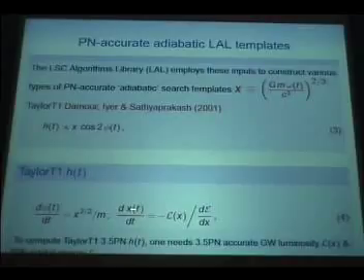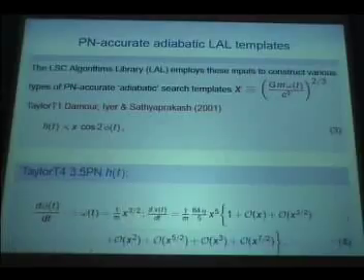And then dx by dt is simply given by the balance argument, so it's just rewriting it. And the important thing is that if you want to have, say, a 3.5PN accurate template, you keep this up to 3.5PN and you keep energy up to 3PN. So you get a waveform like that. It's very easy to generate and anyone can do this.